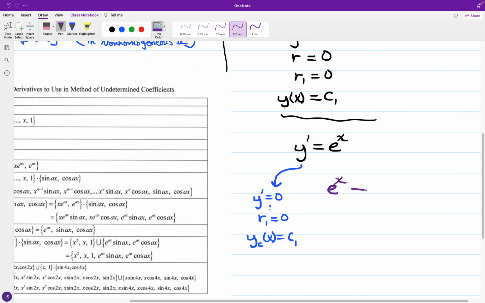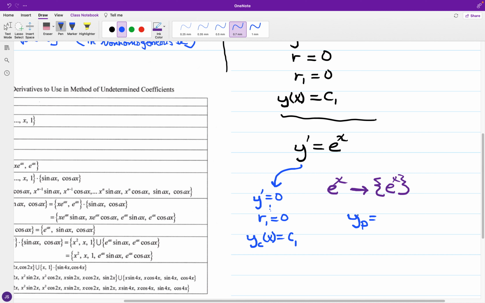For e to the x, the derivative of e to the x is just e to the x itself, and there's no constant derived from e to the x. So here we can set up a particular solution with a coefficient a to solve for.